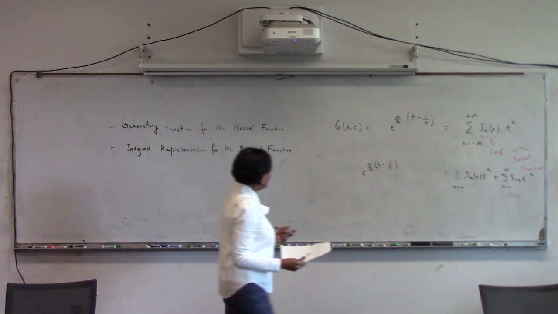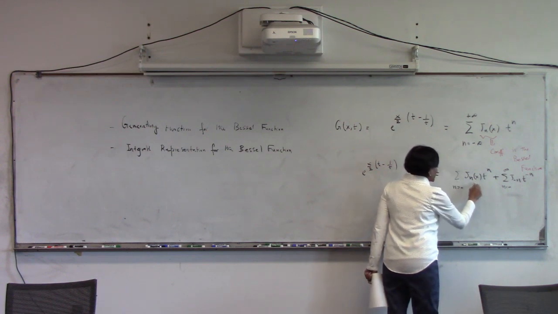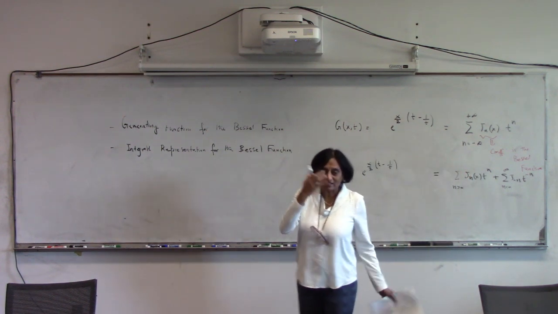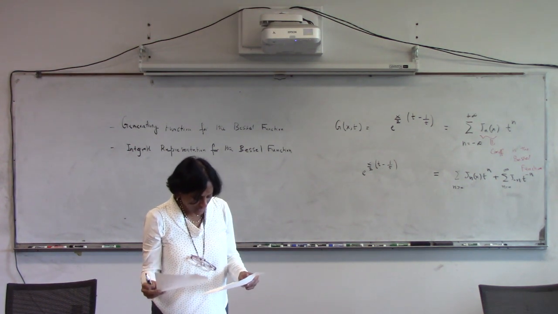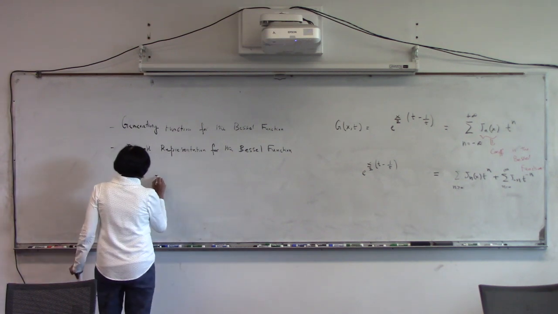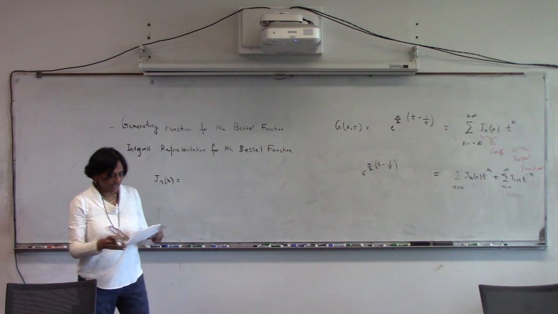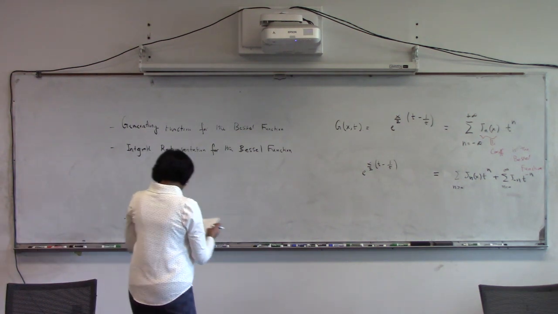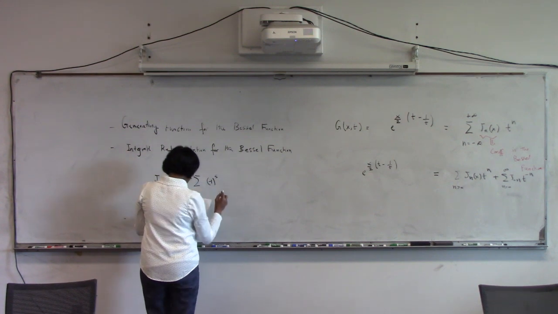We independently derived this expression of J n of x. If it is really a Bessel function, I know what it should be; if J n of x was indeed the solution of the second order differential equation, then it is given by an expression of this form, which we proved last time.